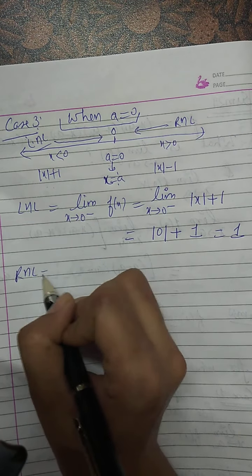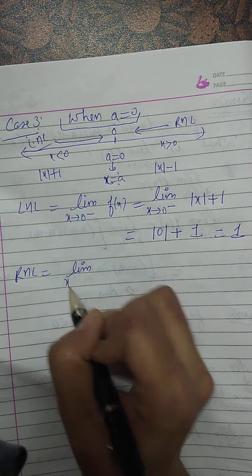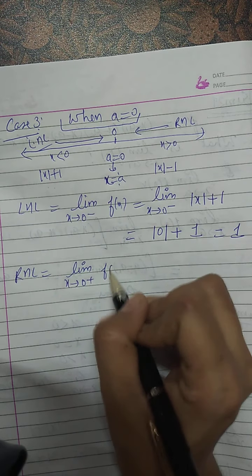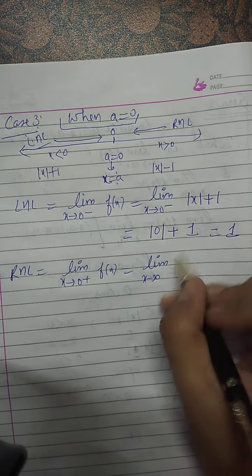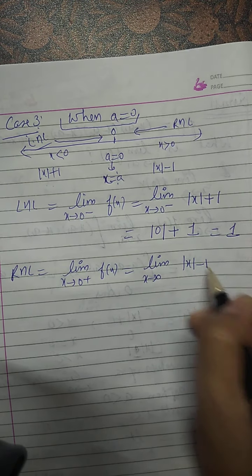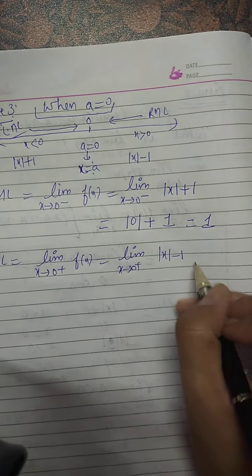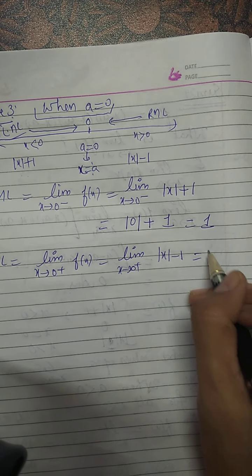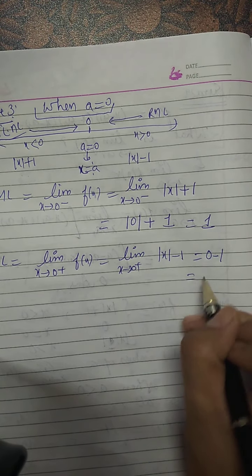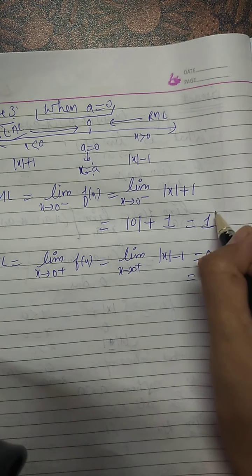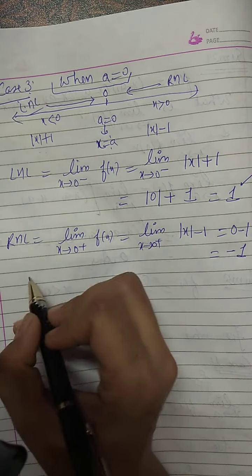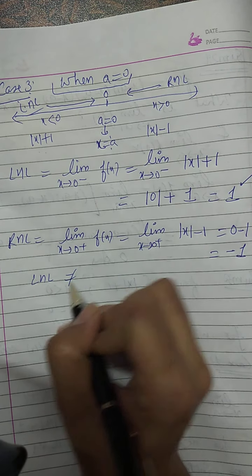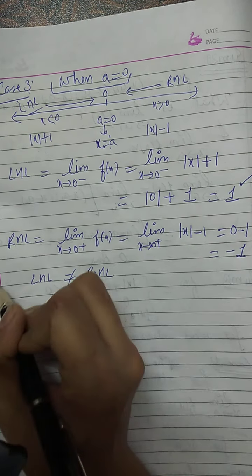And when I calculate RHL, right hand limit, x approaches 0 from right f of x, that is limit x approaches 0, function is mod x minus 1. And when I apply the limit, it will be 0 minus 1, that is minus 1. Left hand limit is plus 1, right hand limit is minus 1. So we will write as left hand limit is not equal to right hand limit.